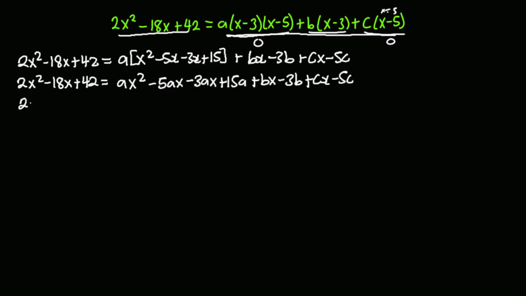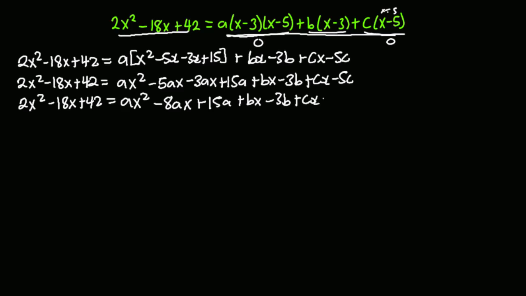So this will give 2x squared minus 18x plus 42 is equal to ax squared, and this will give me minus 8ax plus 15a plus bx minus 3b plus cx minus 5c.